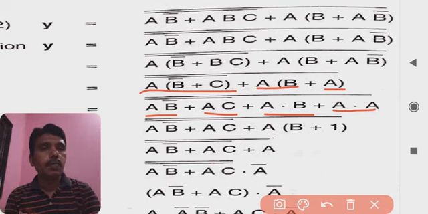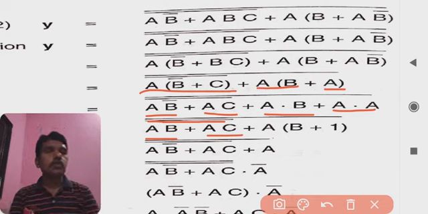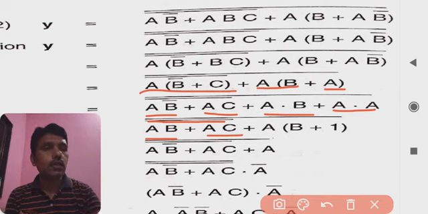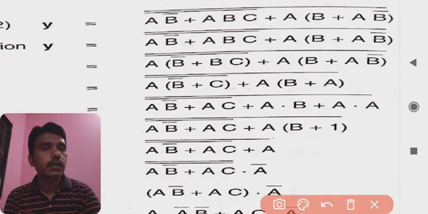So here AB complement or AC total complement of that again, or this A. If you look at this case, AB or AA, here A and A is simply one A, because A and A is always A, and that's why instead of these two A's we can write one A.